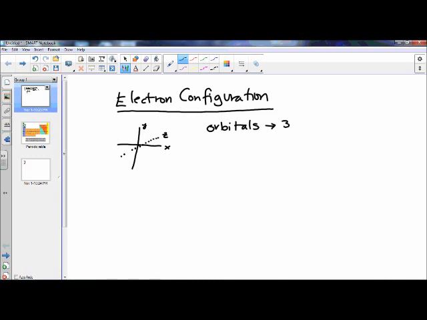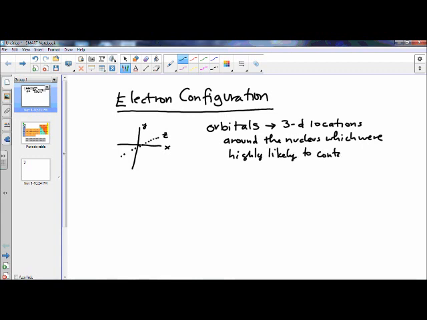And what they are are 3D locations around the nucleus which were highly likely to contain electrons.